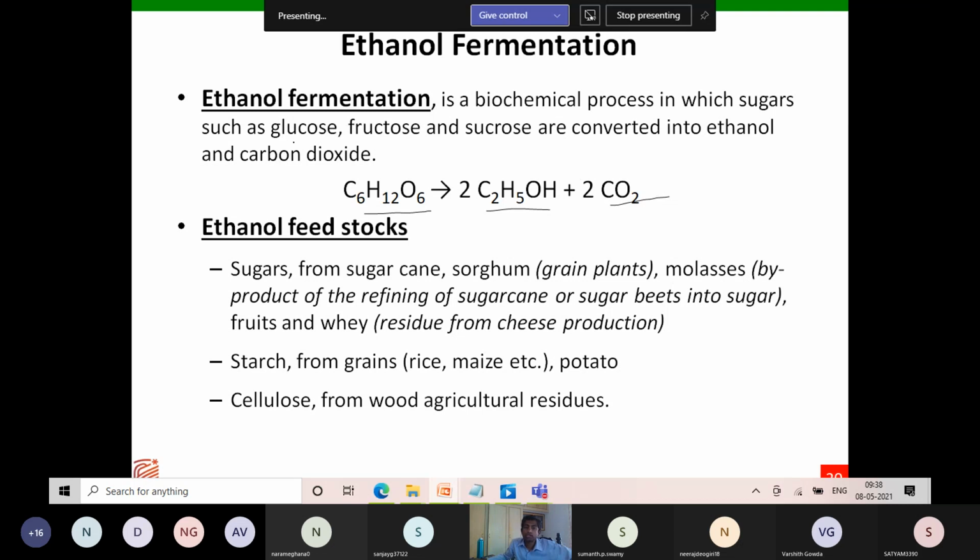It might be glucose, fructose, or sucrose, which are different forms of sugar that are converted into ethanol. Fructose is found in fruits. Glucose, fructose, and sucrose have similar formulas, meaning the elements are the same: carbon, hydrogen, and oxygen are the basic constituents which make them up.